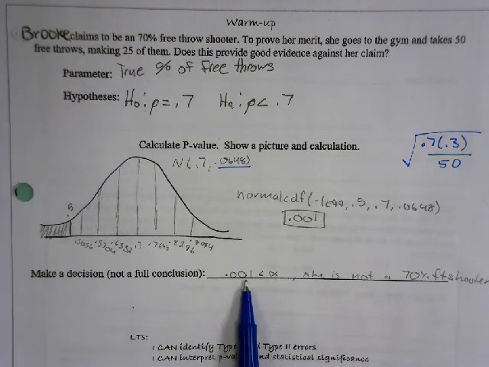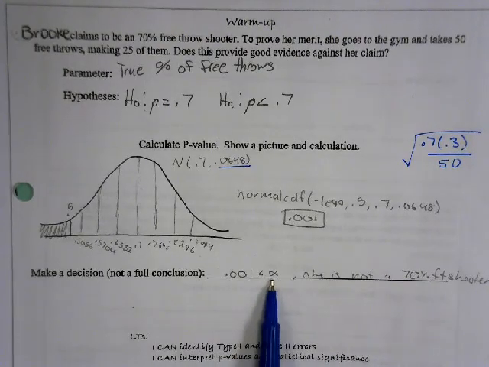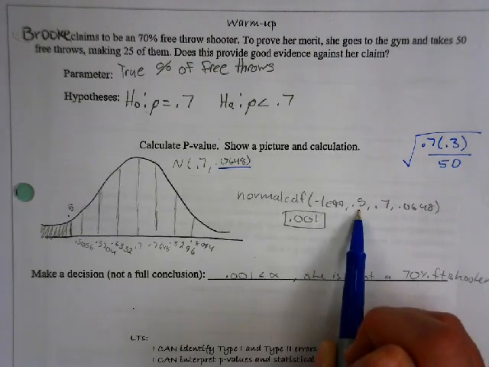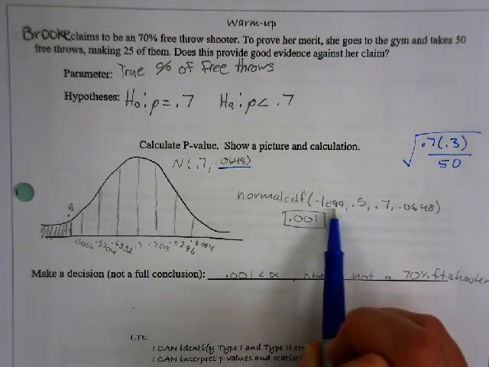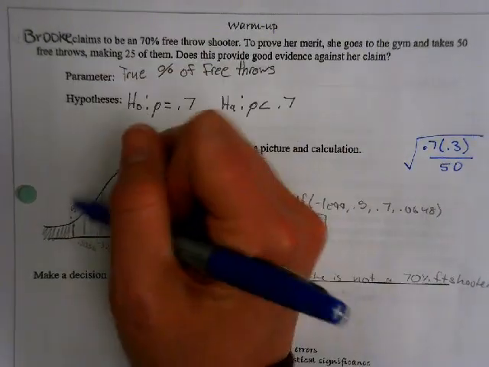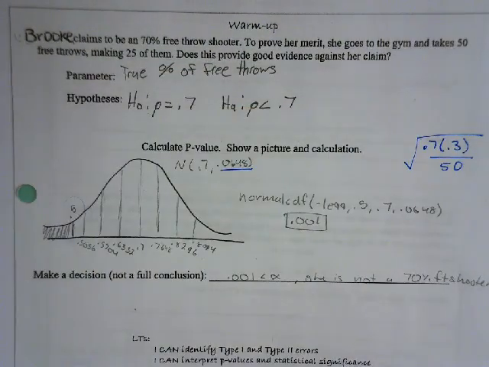And 0.001 is less than alpha, so we would say she is not a 70% free throw shooter. Negative 1E99, and then 0.5, because that's the p-value we're interested in.